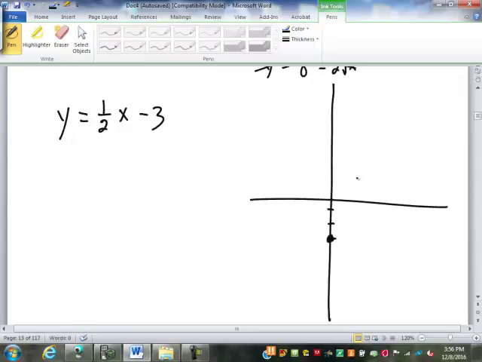Why do we go down 3? There's a minus 3 on the end of that. Because 3 being subtracted from the x. From that point, where do we go? Well, 1/2 x means we go up 1 over 2. Very good. And our line goes through those points.